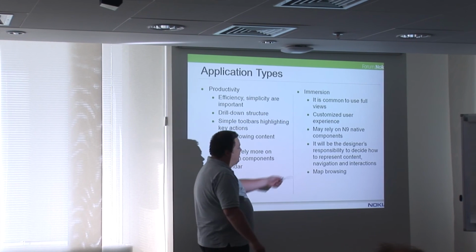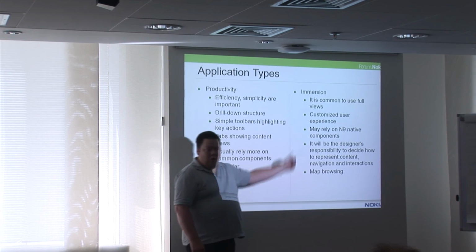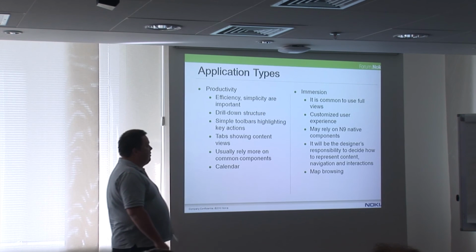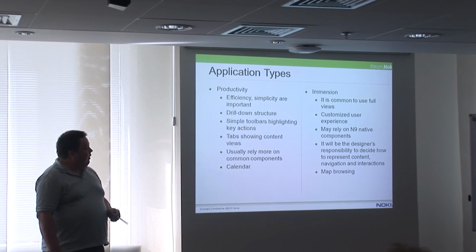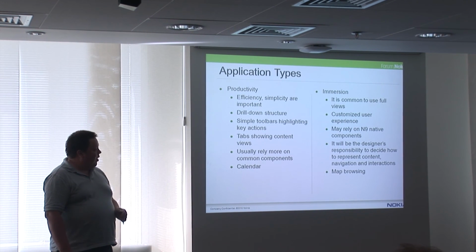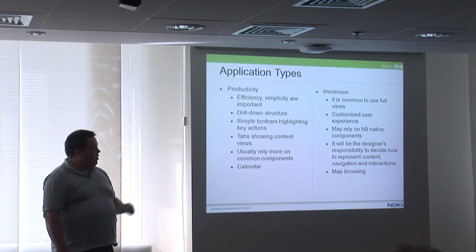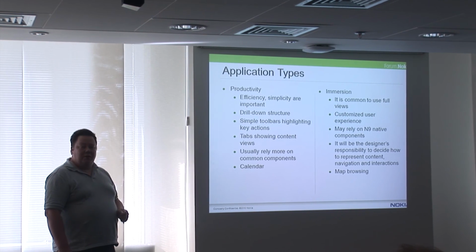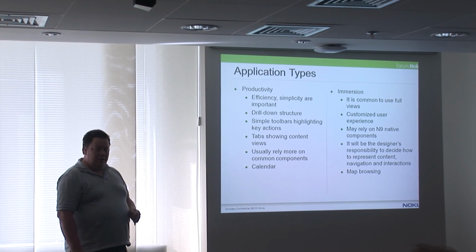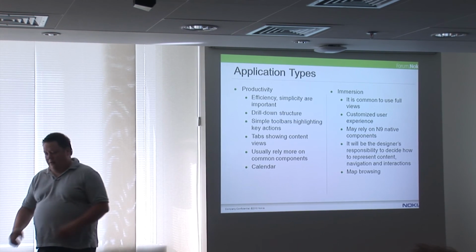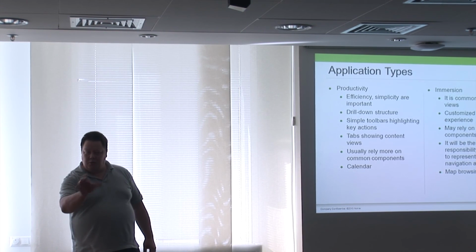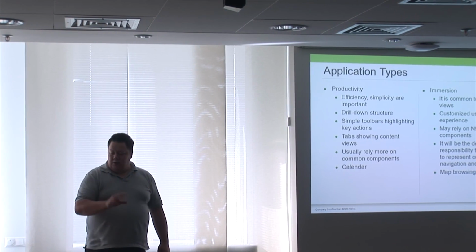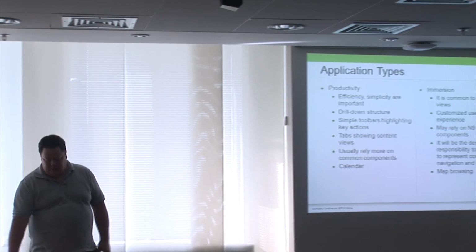Native components means these QML UI components to build the user interface. And then the designer is responsible for how it works, and map browsing would be an example of an immersive application. Full screen, full view, possibly custom controls to zoom in, to zoom out, to set the location in the map, and so on.